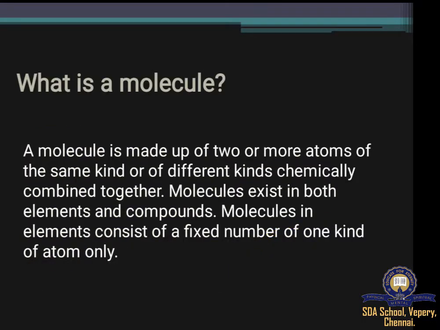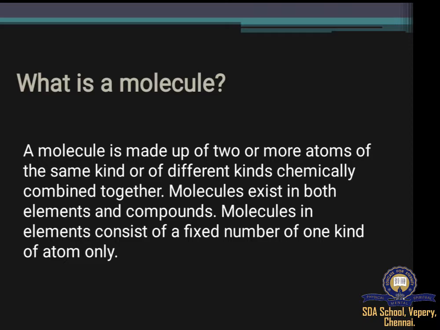Today we are going to concentrate on molecules. A molecule is made up of two or more atoms of the same kind or different kinds chemically combined together. Same kind of atom, for example N2, Cl2, F2. N2 means nitrogen plus nitrogen, which gives N2, the same kind of atom.